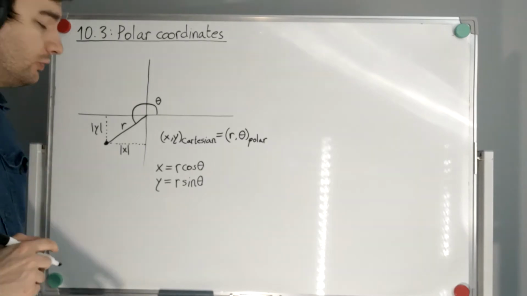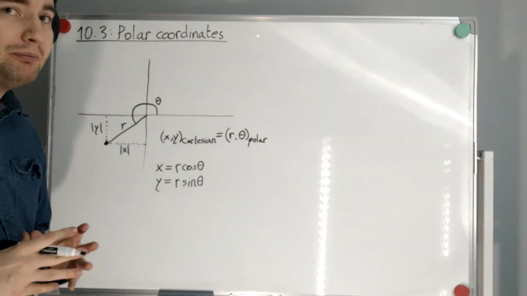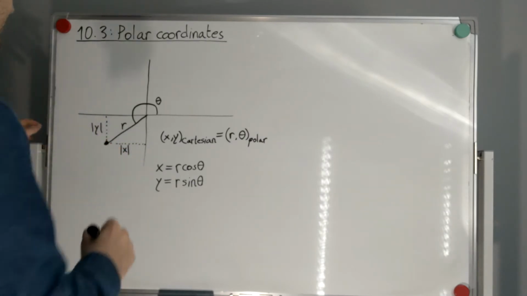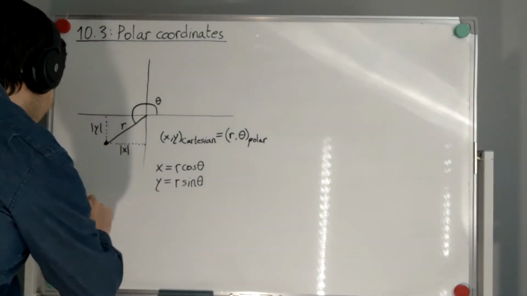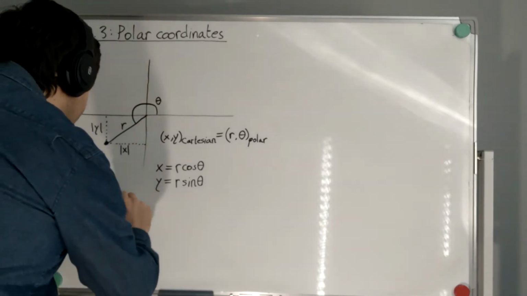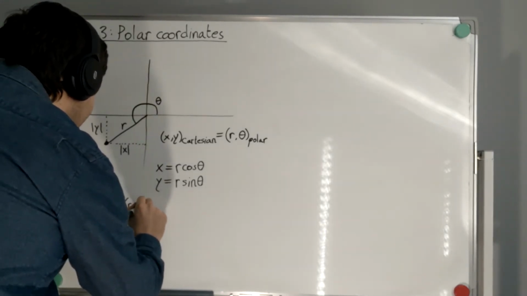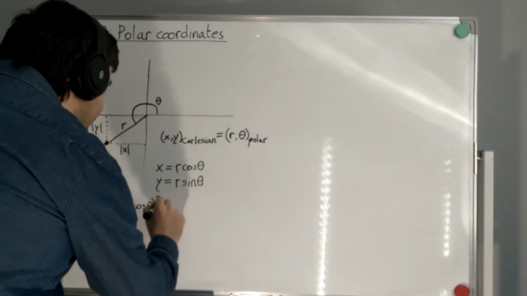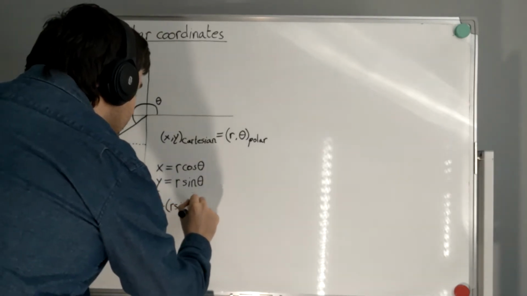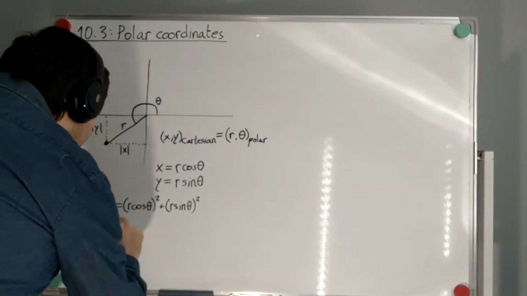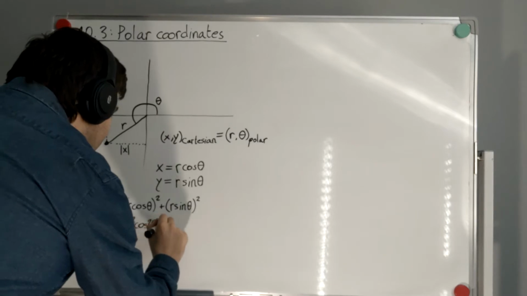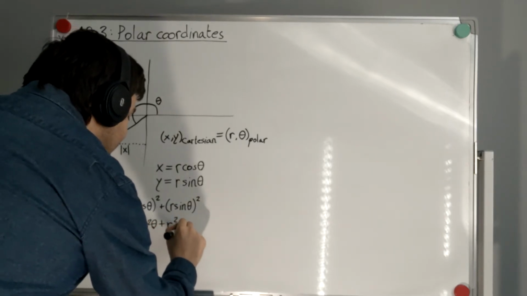So that gives a pretty efficient way to go from polar coordinates to Cartesian coordinates. Going from Cartesian coordinates to polar coordinates is a bit trickier. First thing we can do is say x squared plus y squared is equal to (r cosine theta) squared plus (r sine theta) squared, which is r squared cosine squared theta plus r squared sine squared theta.